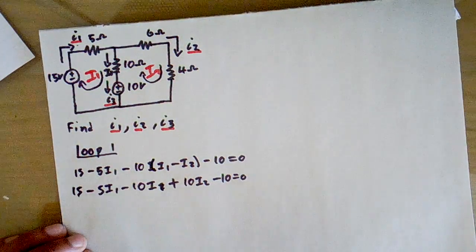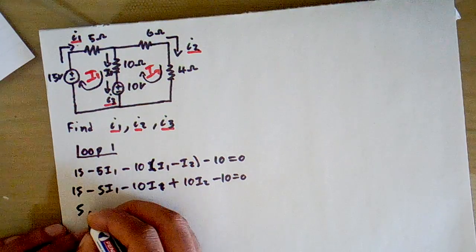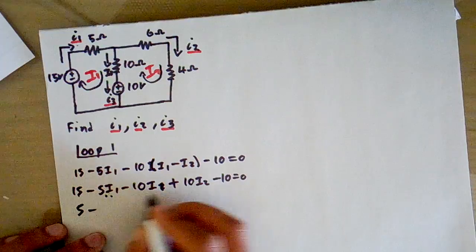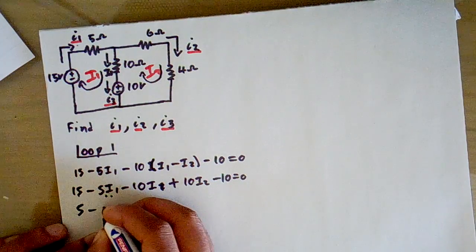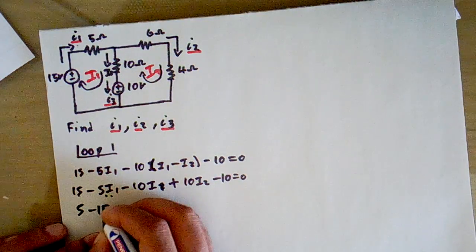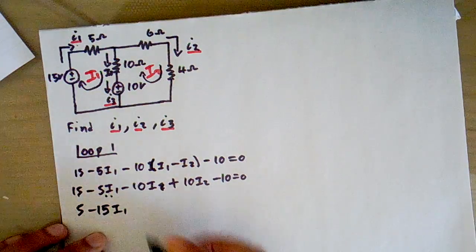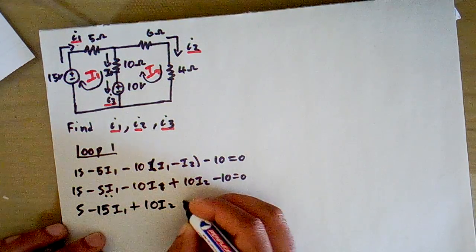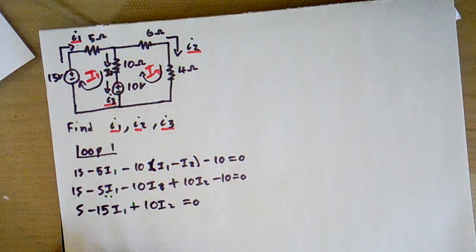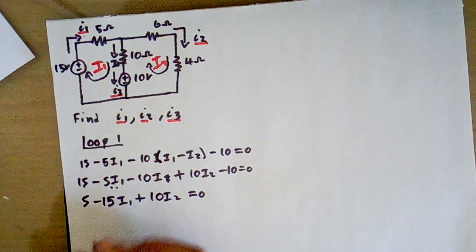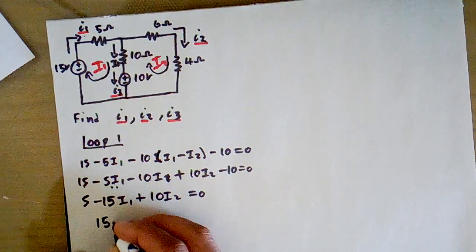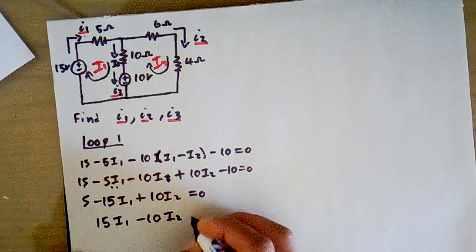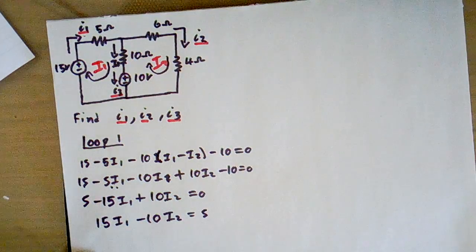This 15 minus 10 is 5, and negative 5 I1 minus 10 I1 will give you negative 15 I1 plus 10 I2 plus 5 equals 0. So now you can just take this to the other side. We have 15 I1 minus 10 I2 equals 5.